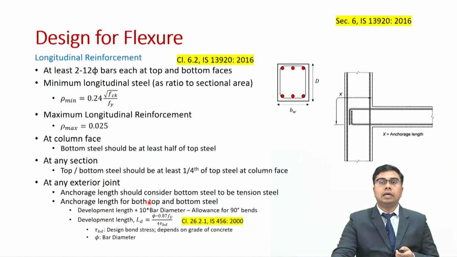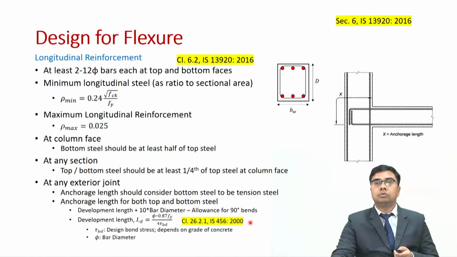So, the anchorage length is given by the development length plus 10 times the bar diameter minus some allowance for 90-degree bends. At this point, I would like to tell you that the development length is calculated using this expression, which you can find in IS 456 at clause number 26.2.1.